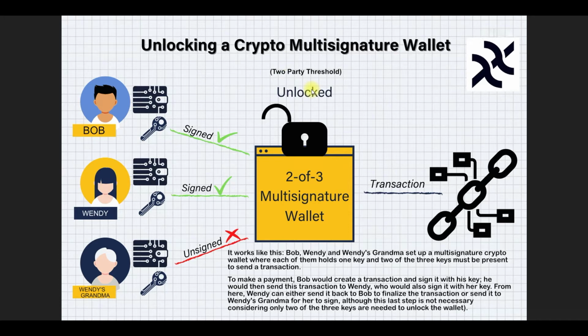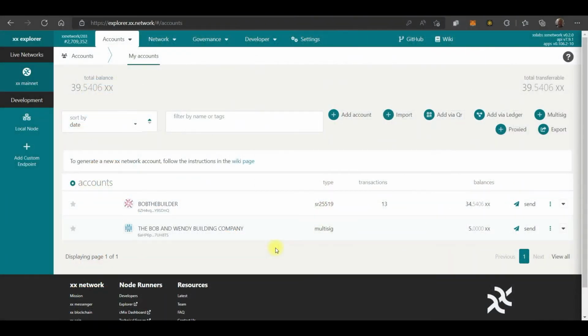So now I'm going to move into the Explorer page to actually show you how this works in real time. Okay, so here we are in the Accounts tab of Bob the Builder. So he's going to be the originator of the multisig wallet account, and then he is going to inform his business partners, in this case Wendy and Wendy's grandma, about the fact that he has created this multisig wallet, and then they will have to go ahead and add that wallet to their accounts at their separate locations, obviously.